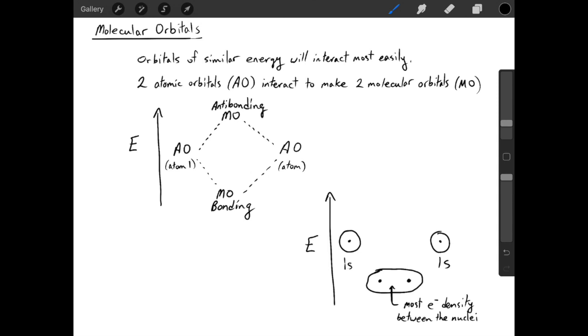The antibonding molecular orbital that forms is going to look a little bit different. Again, the nuclei will be in the same place, but the electron density will now be on the outside of those nuclei.